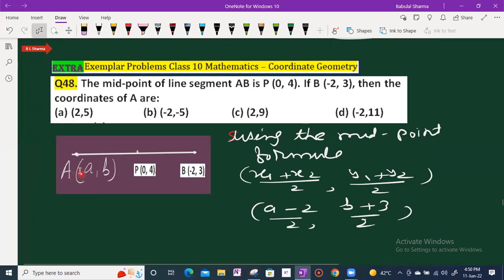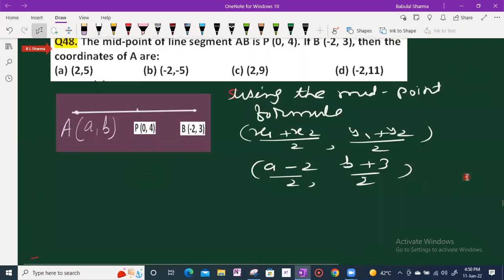See, x1 plus x2 divided by 2 will be the x coordinate, and y1 plus y2 divided by 2 will be the y coordinate. But here the x coordinate of the midpoint is given, that is 0.